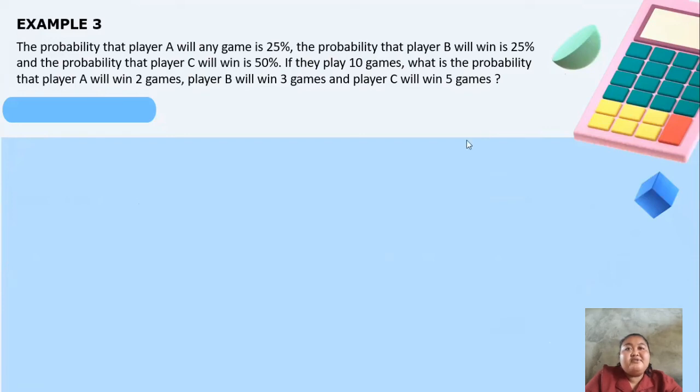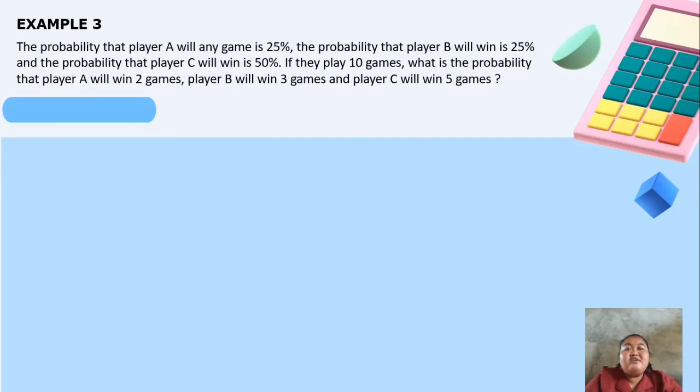And the next, example 3. The probability that player A will win any game is 25%, the probability that player B will win is 25%, and the probability that player C will win is 50%.